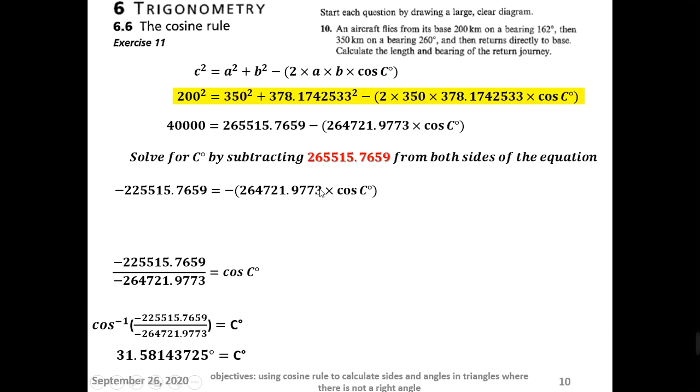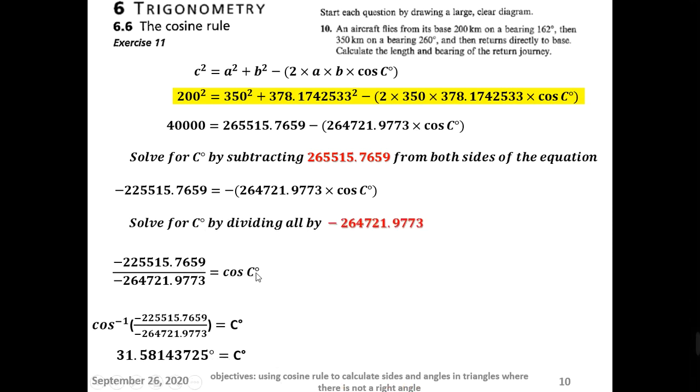And now we are solving for C once again. So we need to divide by negative 264727.97773.